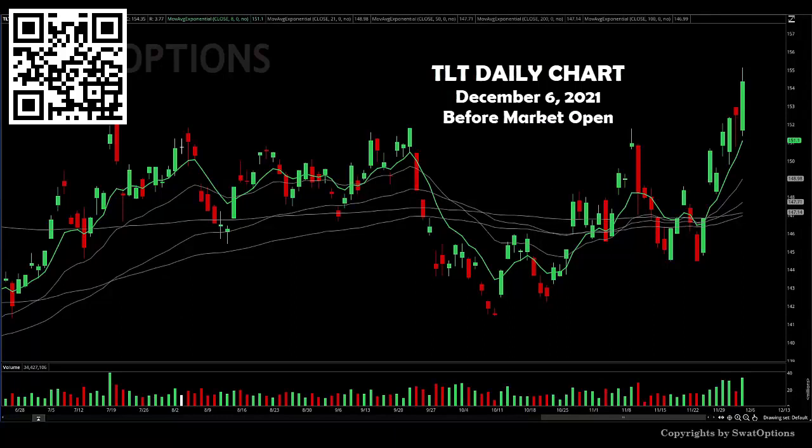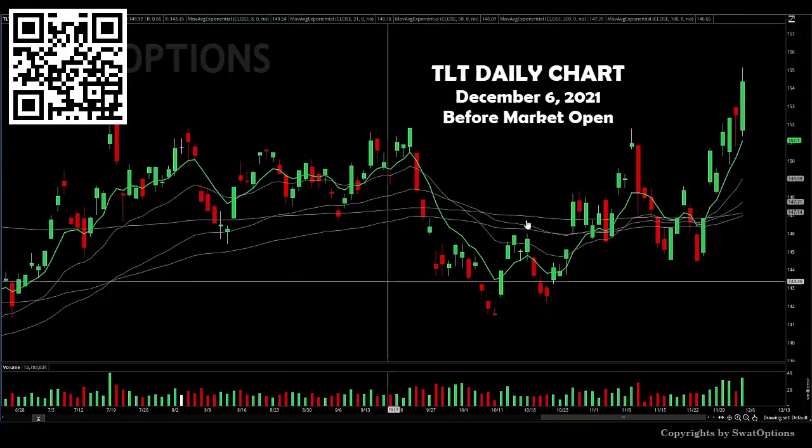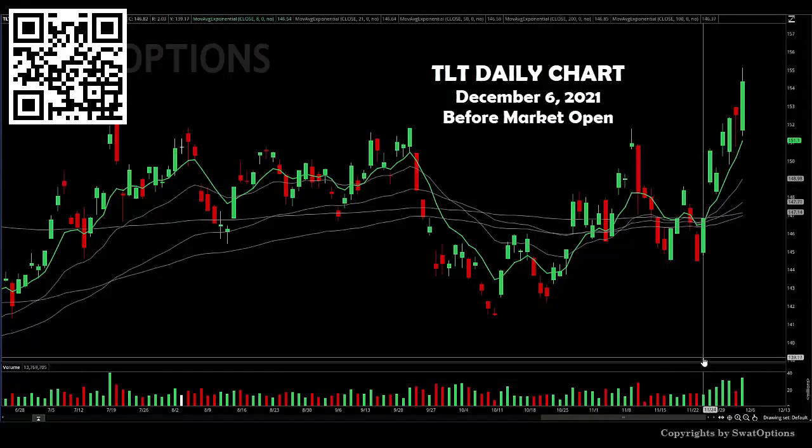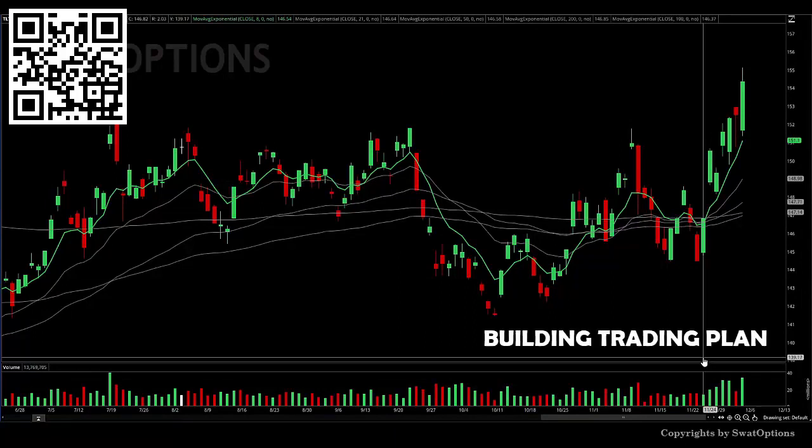But as I always say, the most important indicator you can have in front of you is price, and we have price with the candlestick charts, and volume at the bottom. So before the market open, I need to build my trading plan for this name. Why? In my opinion, the name is getting a bit extended for the upside.